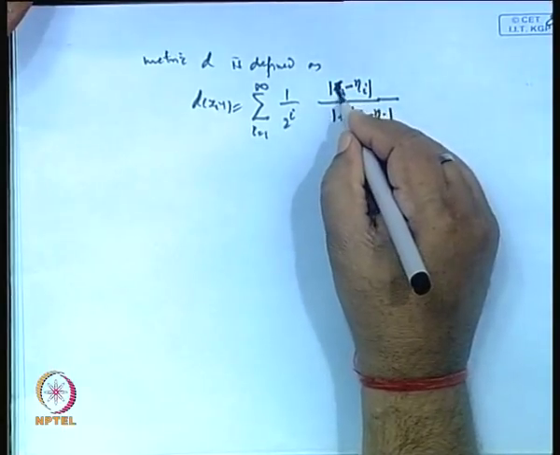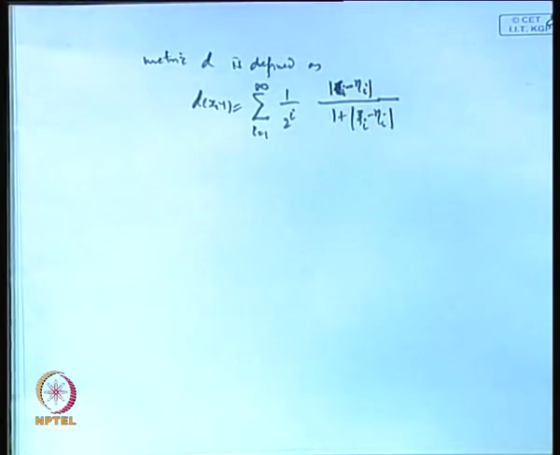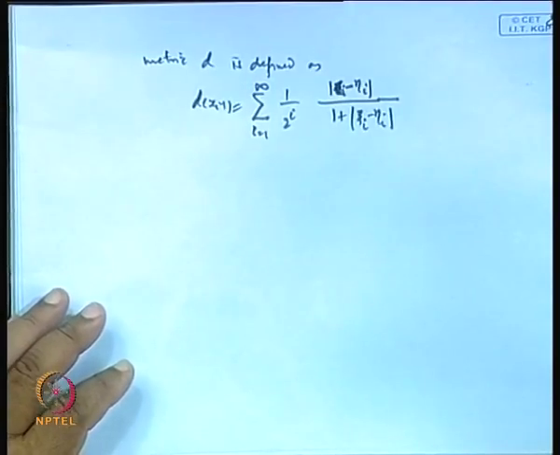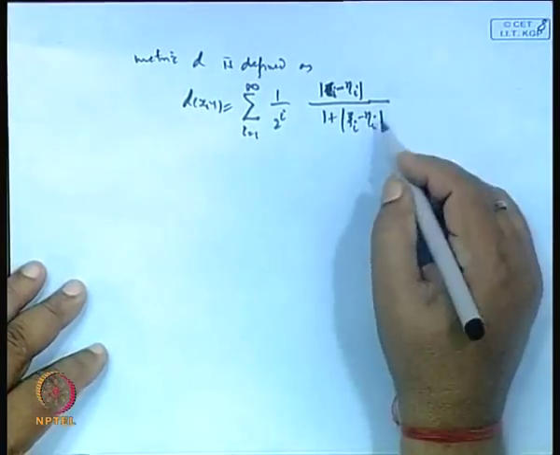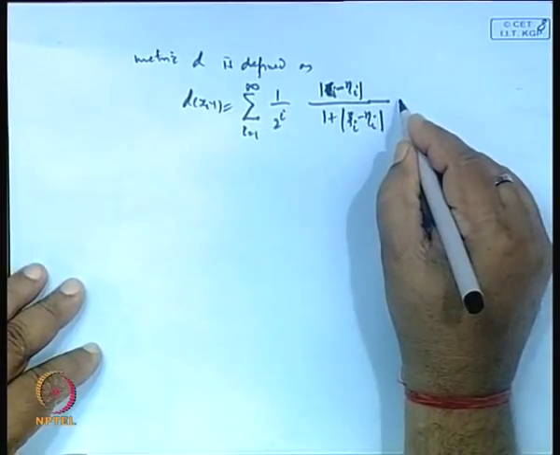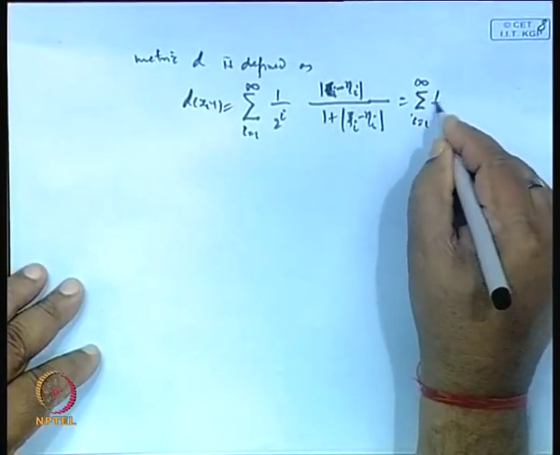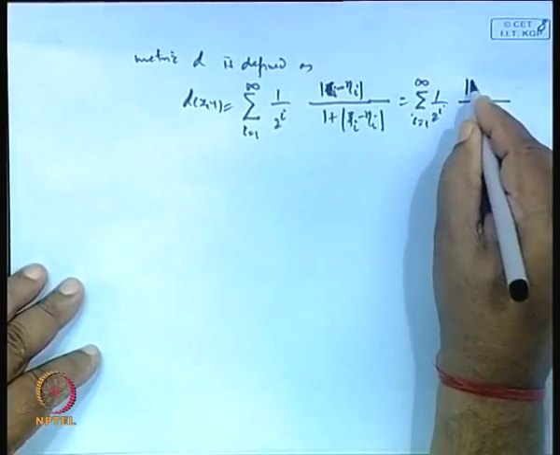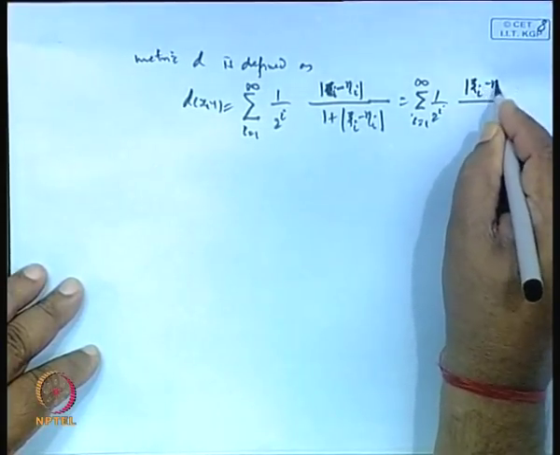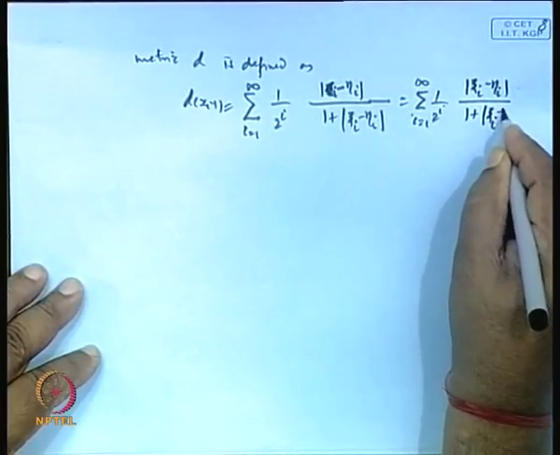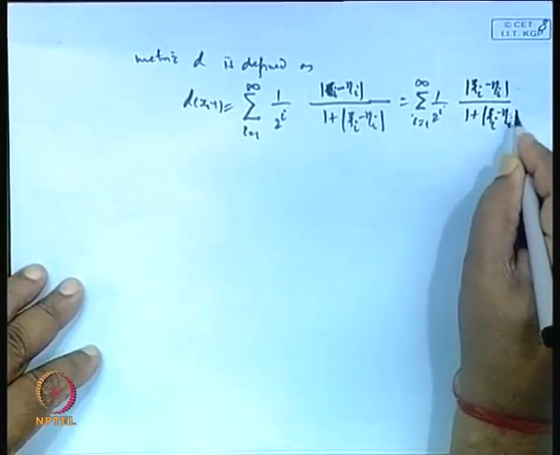This is x_i. Okay. So, this will be |x_i - eta_i| and this. I will repeat again, this is i equal to 1 to infinity of 1 by 2^i |x_i - eta_i| over 1 plus |x_i - eta_i|.